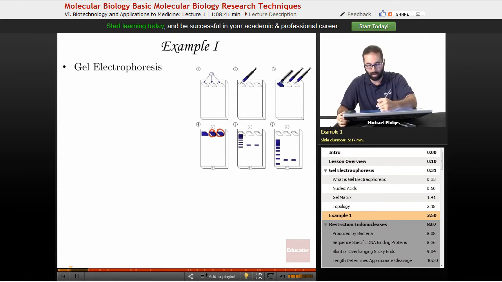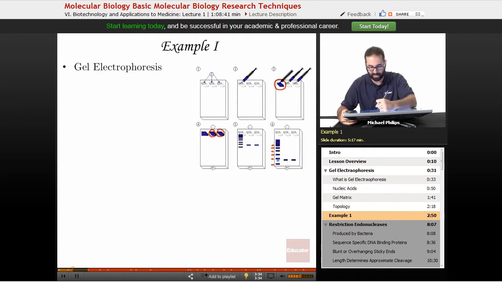You usually always load a ladder in the leftmost well. A ladder is a mixture of DNAs of different sizes, but they're all known sizes, so it acts like a ruler. For example, you would know that this is 100 base pairs, this is 200, this is 300, this is 400, this is 500, and then maybe this is 1,000.